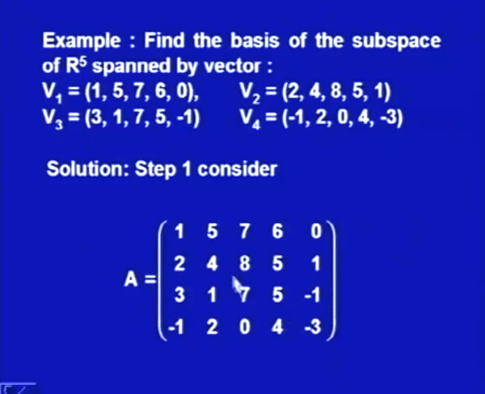That means from these given vectors, I will form the matrix A, where these vectors are its rows. Once we have obtained this matrix A, we apply elementary linear transformations so that this matrix will be reduced to reduced row echelon form.